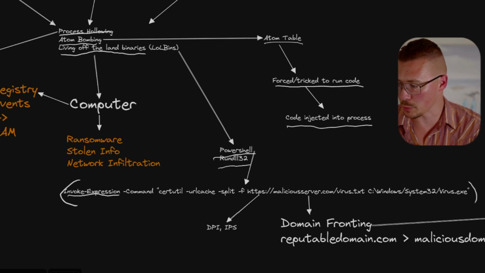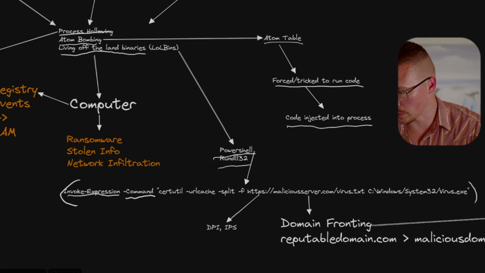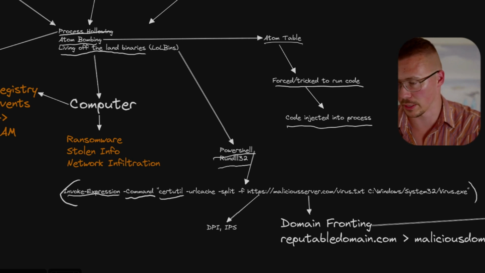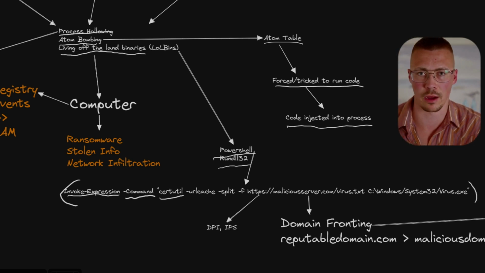Invoke-Expression means that this is a PowerShell command that's going to be run. And then command here just means that there's going to be a command coming up. Certutil is what Windows uses to manage certificates. Certificates are pretty important. You have things like SSL certificates. You have certificate authorities that would say, oh yeah, this is a legitimate piece of software.